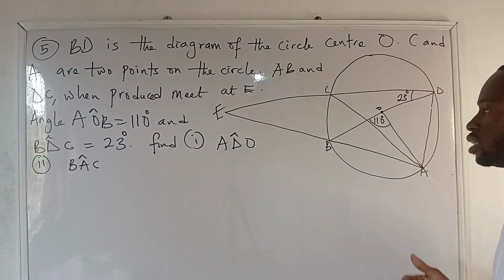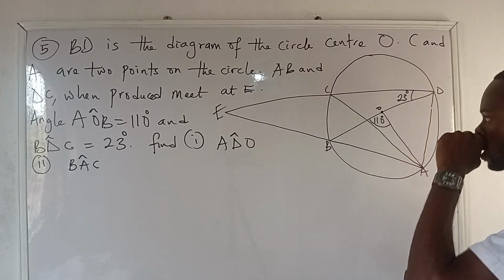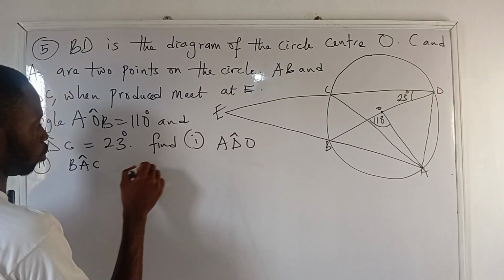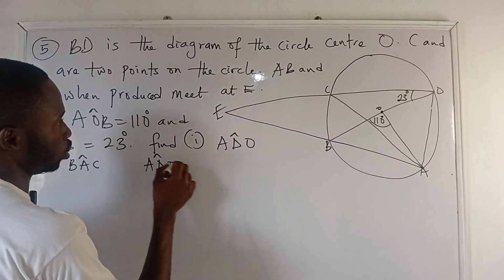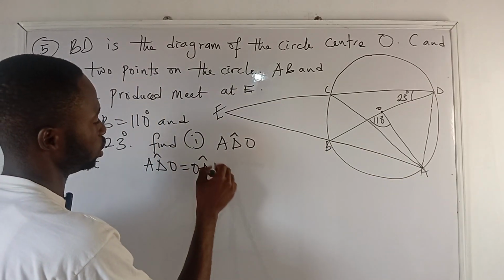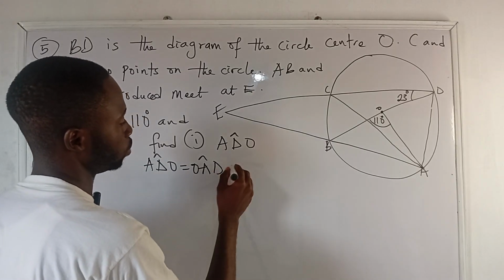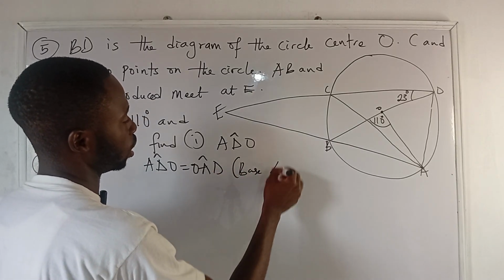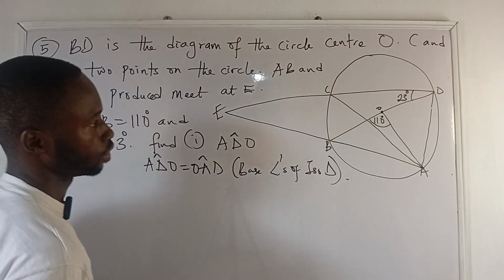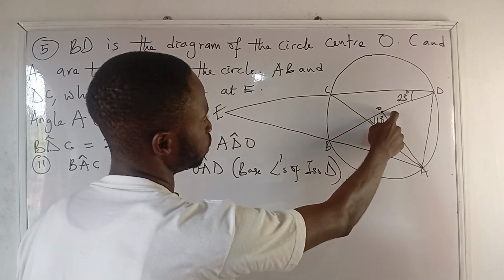So let's put that into writing. We want to look for ADO. We've just established that these angles are the same, so we can say ADO equals OAD, base angles of an isosceles triangle. They are both the same. Now we can make them x, but before then, let's quickly find the value of this other side.